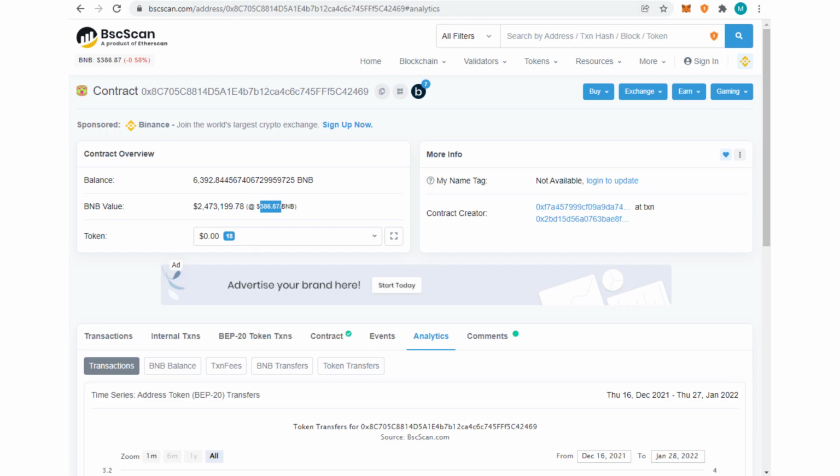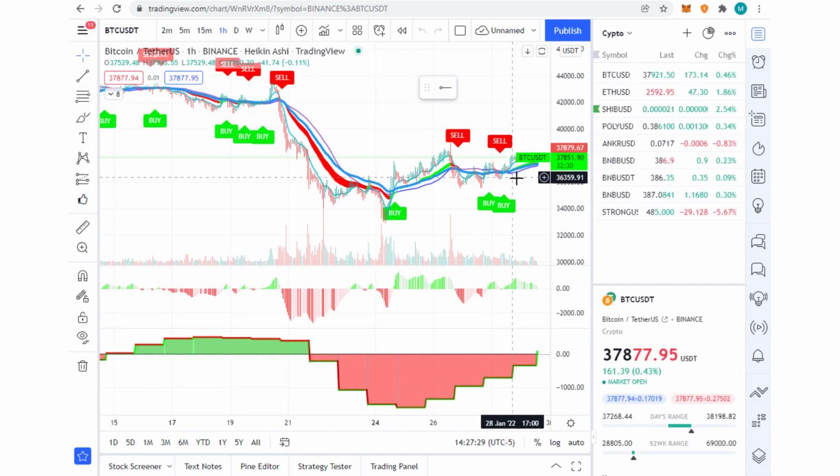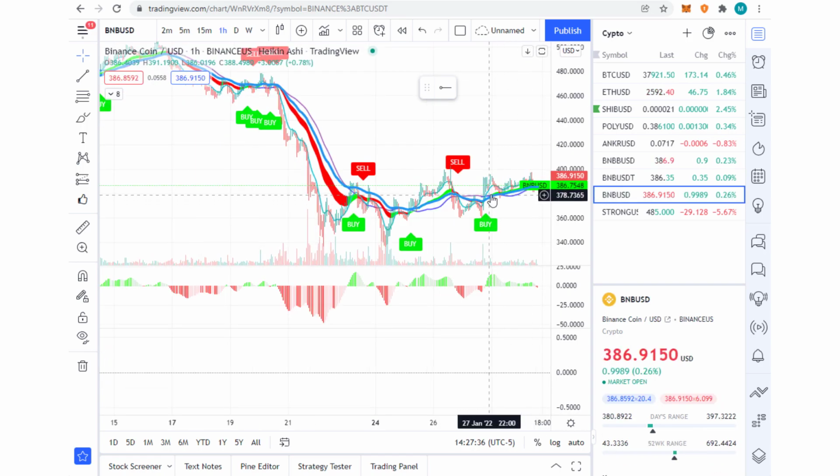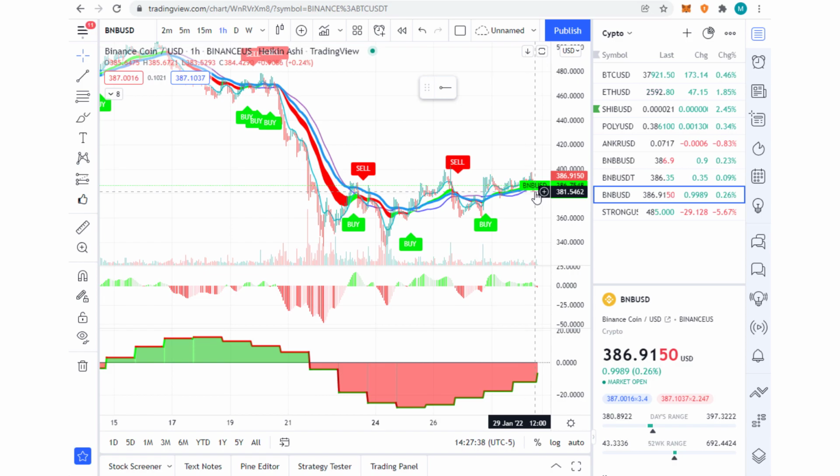Now if I go back and see the chart as well, let me go on BNB USD. On BNB USD it looks very similar, so that's the price, 386 approximately. It was some up and down, so that's the price, no change basically.